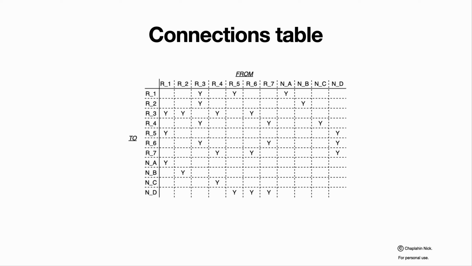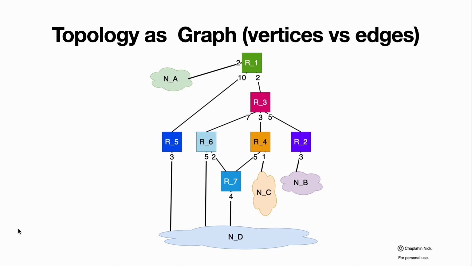Then, to specify how costly it is to send traffic from one device to another, or from one entity to another when they are connected to each other, costs were introduced. Cost is a value configured on the egress interface.